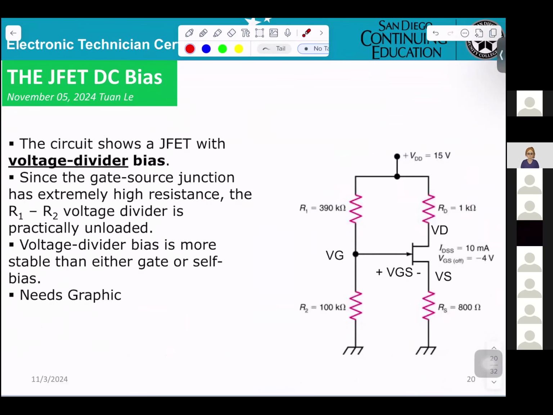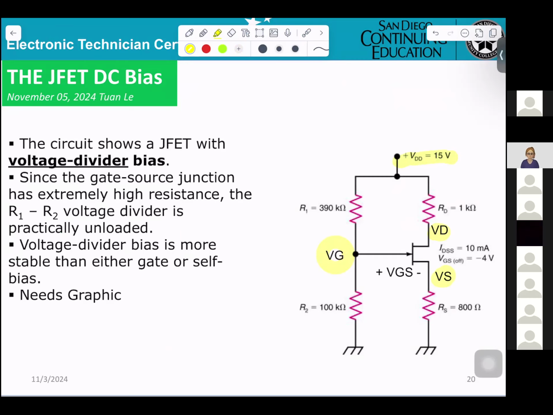Now, the next one, voltage divider. You already get along with voltage divider. And you get that VG. Okay, VDD, VD, VS. And you already know, if you want to calculate the VG, that's a divider.